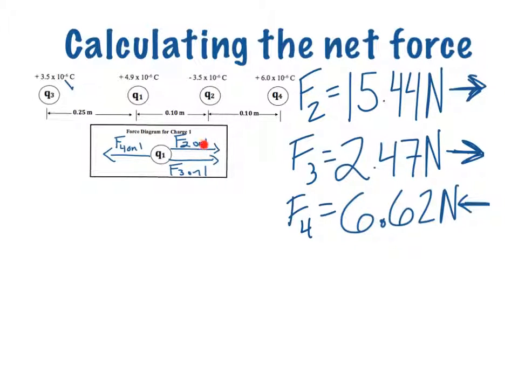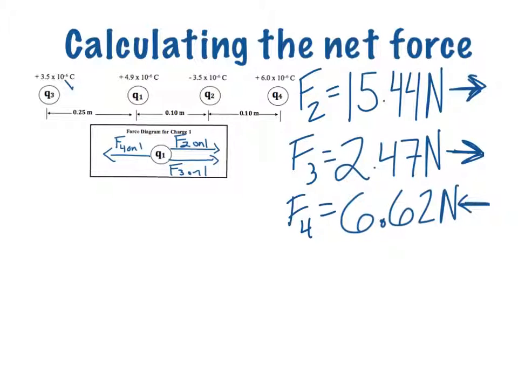Just by looking, I can see that the force of 2 is 15 newtons right here. Force of 3 is 2.47. This is clearly more force acting to the right than is acting to the left down here with just the force of 4.